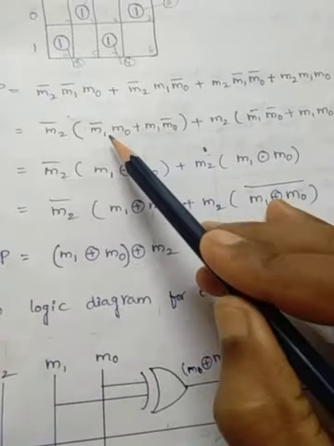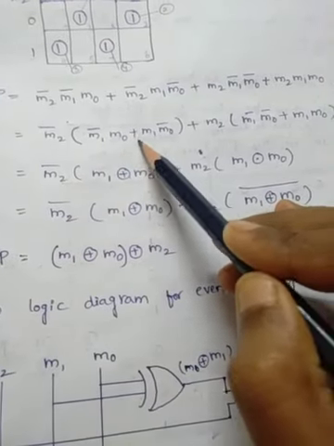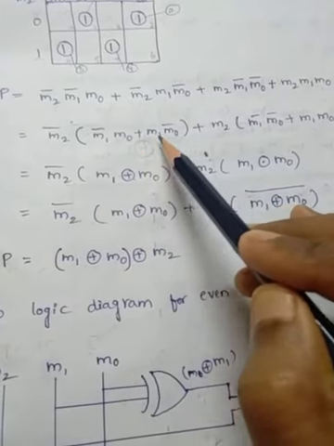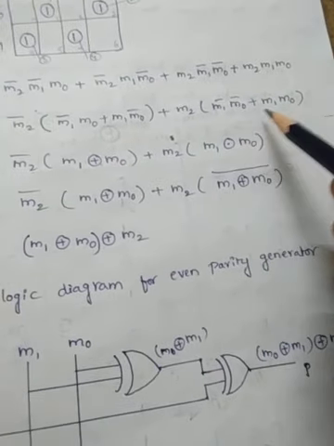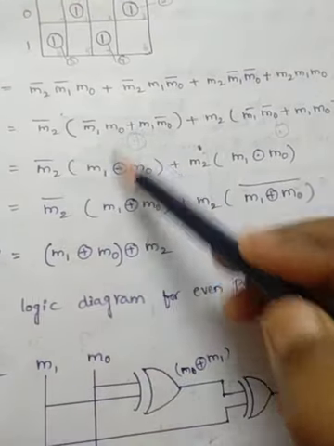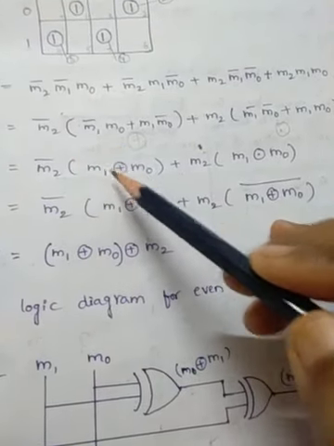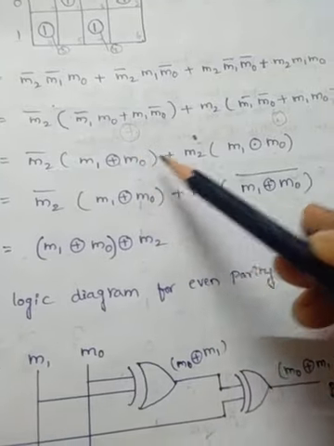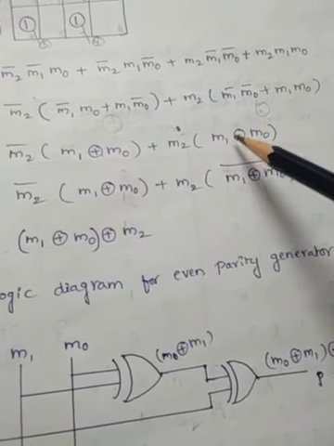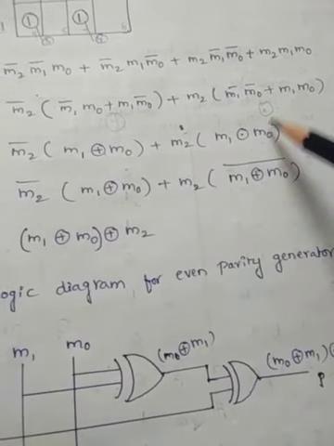Here this is in the form of XOR operation, M1 bar M0 plus M1 M0 bar. And this is in the form of XNOR operation. So we can write it as M2 bar into M1 XOR M0 plus M2 into M1 XNOR M0.